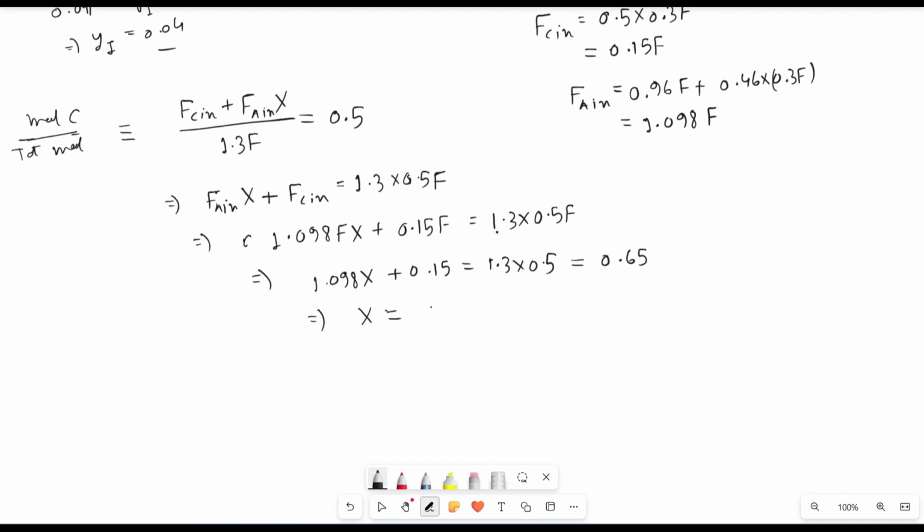If we calculate this value, we get 0.45537. Conversion is 45.537%.